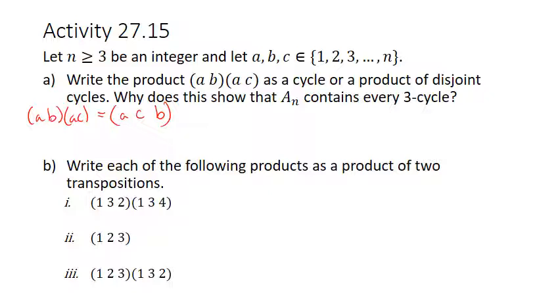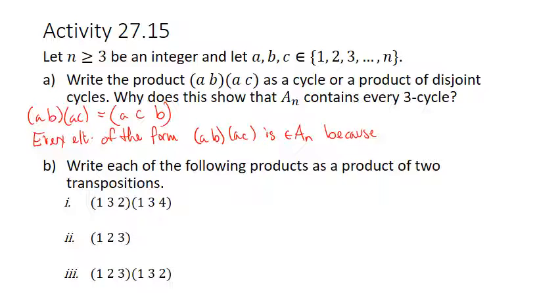So what I can say is that every element of the form (AB)(AC) is going to be in the alternating group, because this is an even product of transpositions.